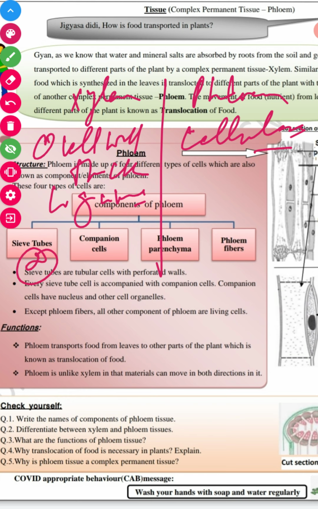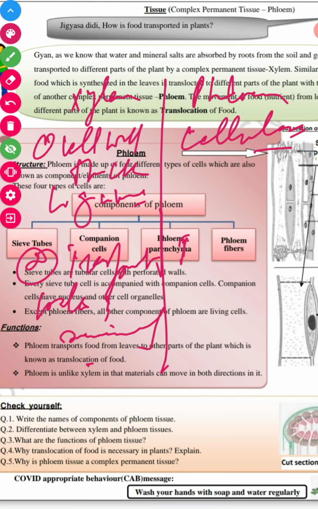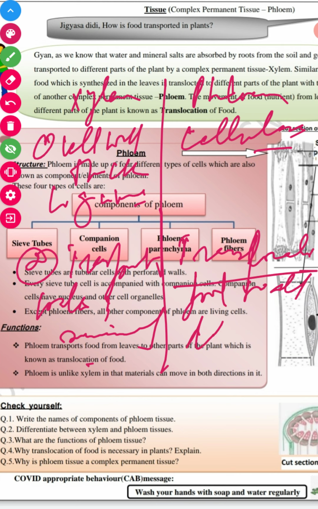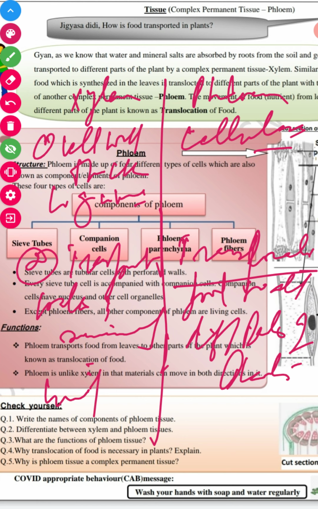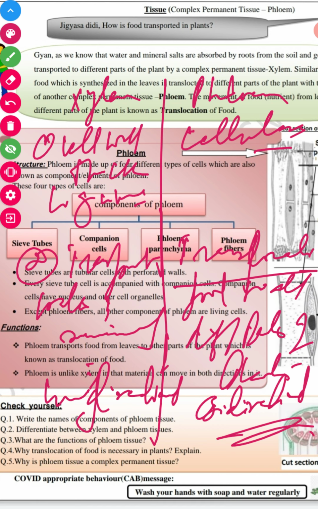Xylem transports water and mineral. Phloem translocates food to all different parts of the plant. Xylem is unidirectional. Phloem is bidirectional. Okay, so you can write this difference.